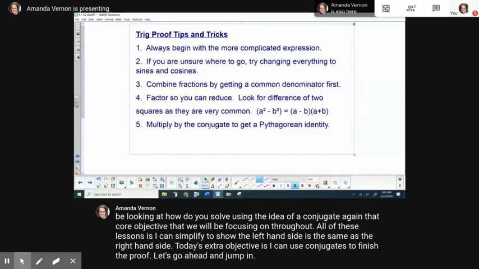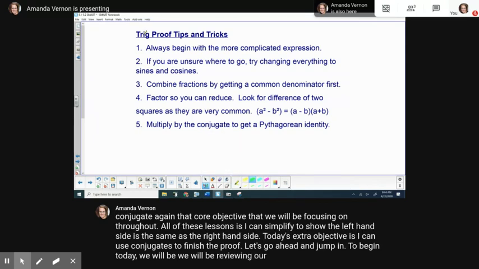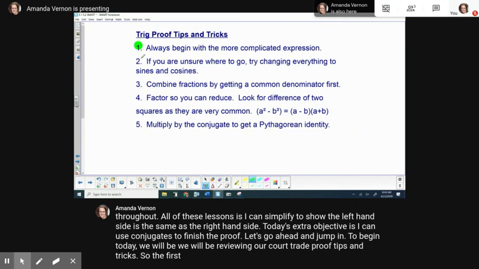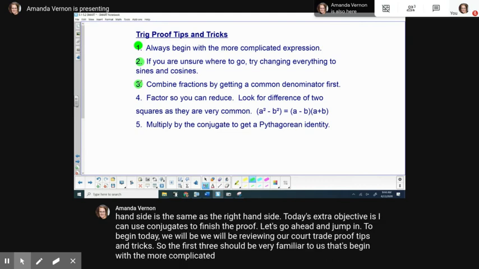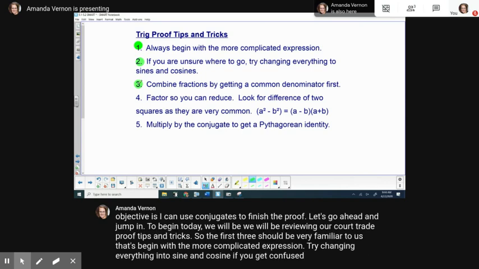To begin today, we will be reviewing our core trig proof tips and tricks. The first 3 should be very familiar to us. That's begin with the more complicated expression, try changing everything into sine and cosine if you get confused, and combining fractions by getting a common denominator first.